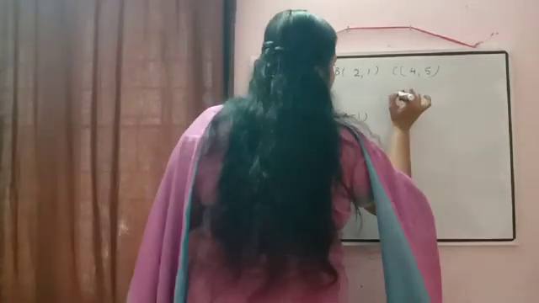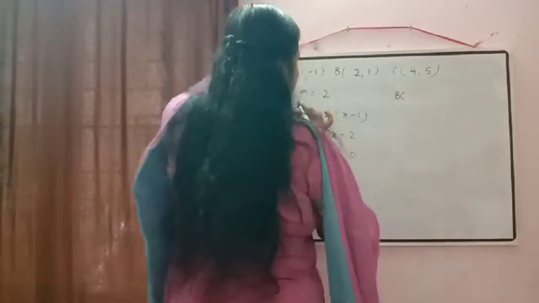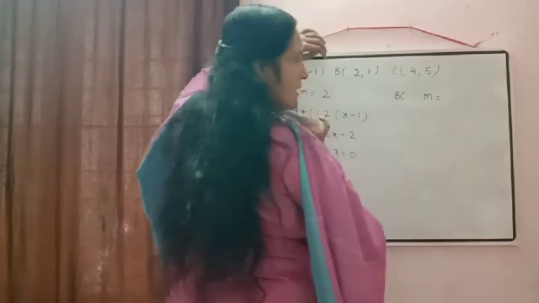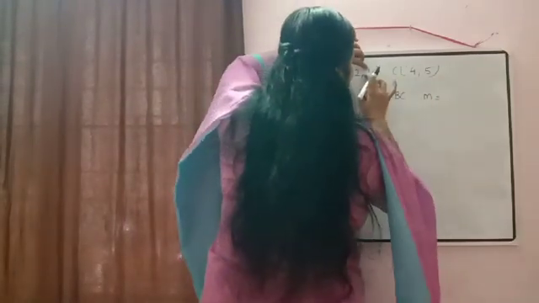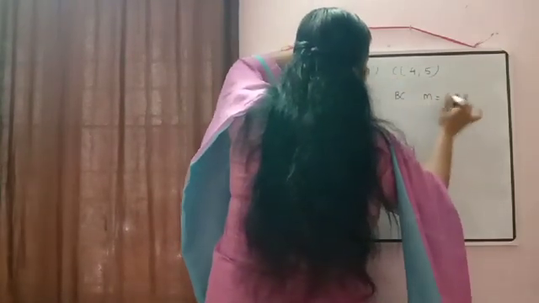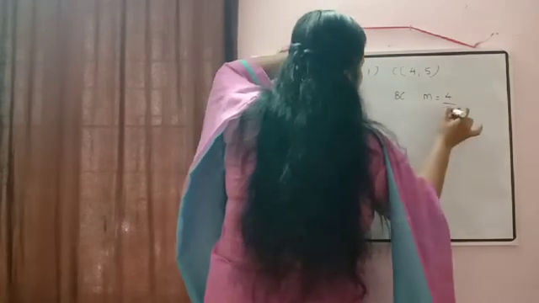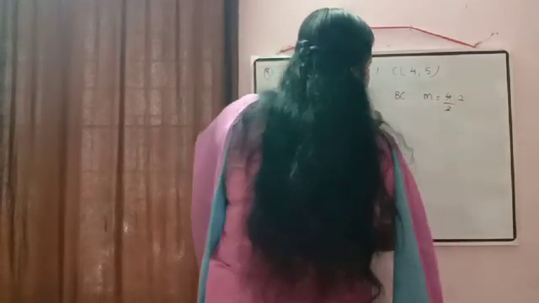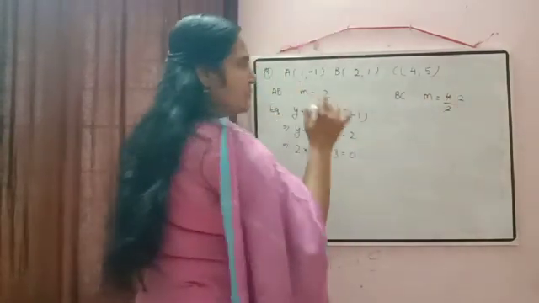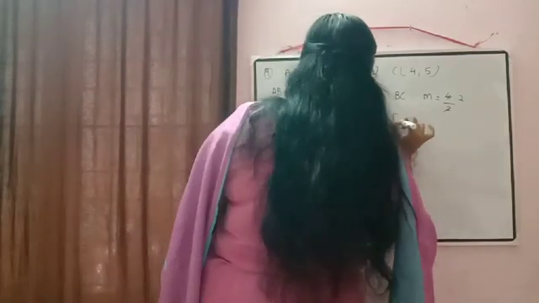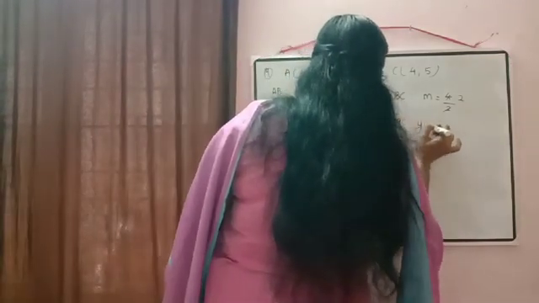Now we can check what will be the equation of BC. First we will calculate the slope of BC. m is equal to 5 minus 1, 4, by 4 minus 2, 2. It will get cancelled. So we got the slope is equal to 2. Now we can calculate the equation y minus y1.